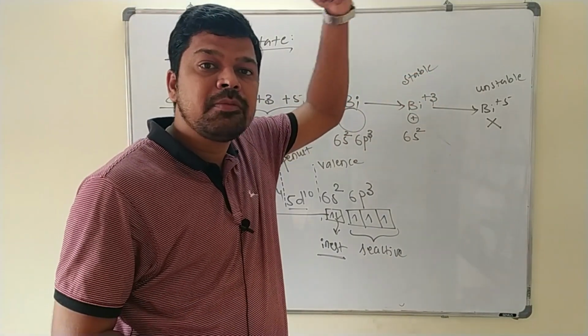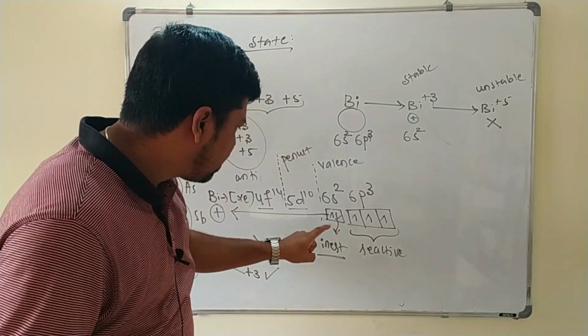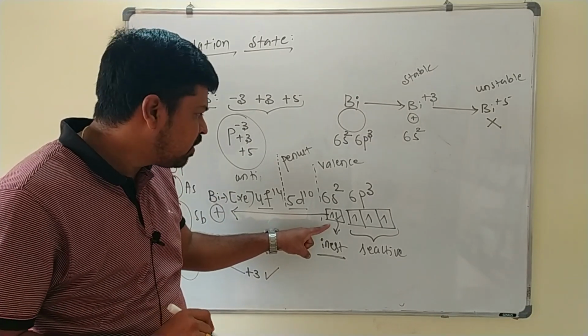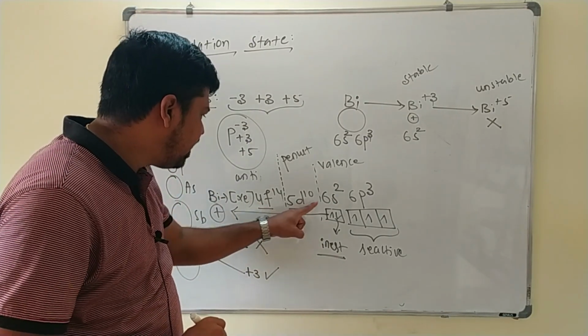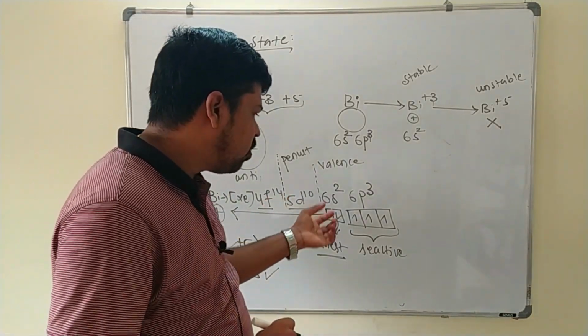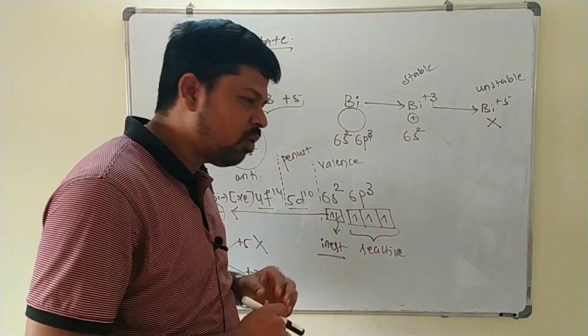Group oxidation state is +5 and this is what? +3. What is the reason for this? 2 electrons, the 6s electrons, are not involved in the bonding. Why are they not involved in the bonding? Due to the poor shielding effect of d and f orbitals, they are strongly attracted towards the nucleus, hence they cannot be involved in the bonding, they cannot be unpaired. That's why they are not involved in the bonding.